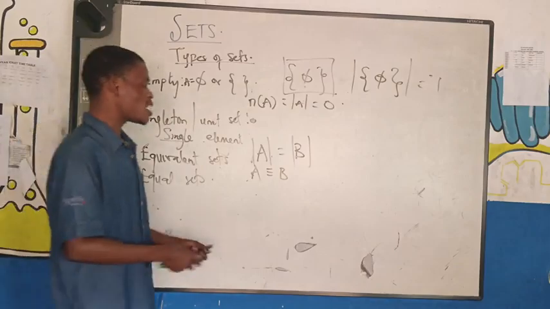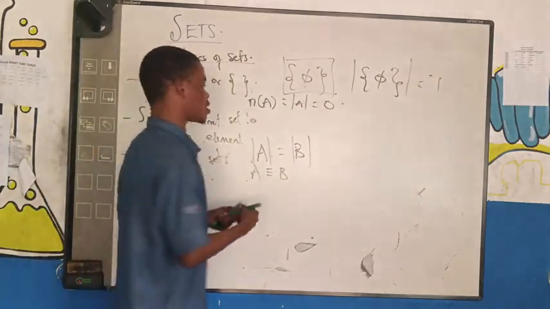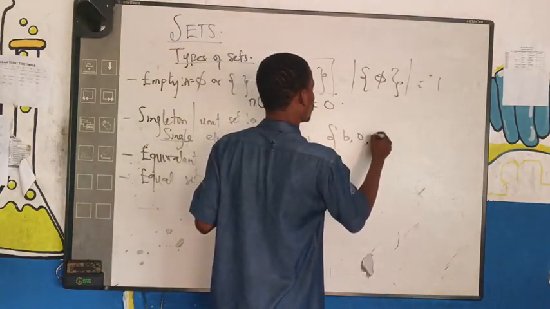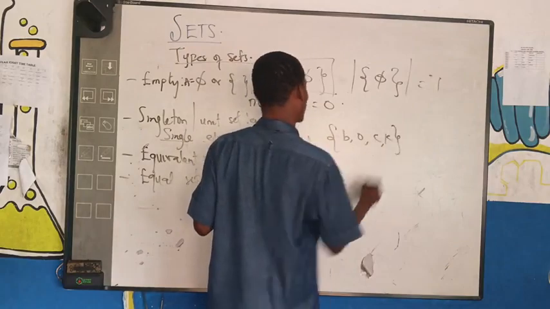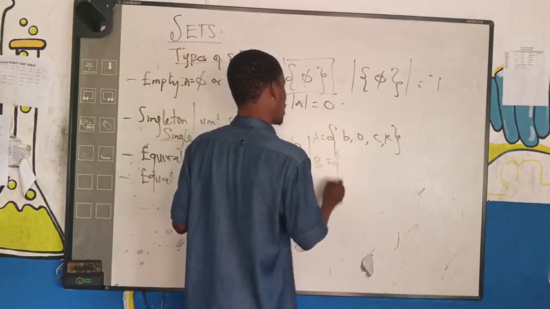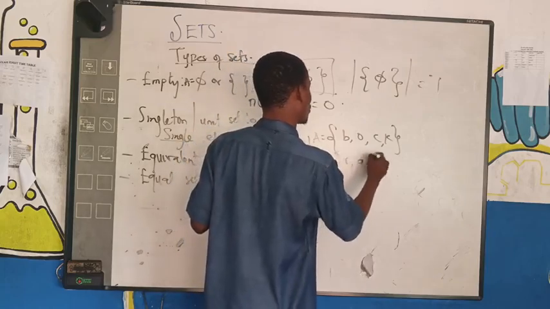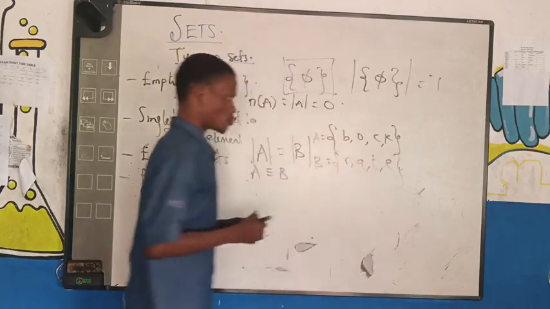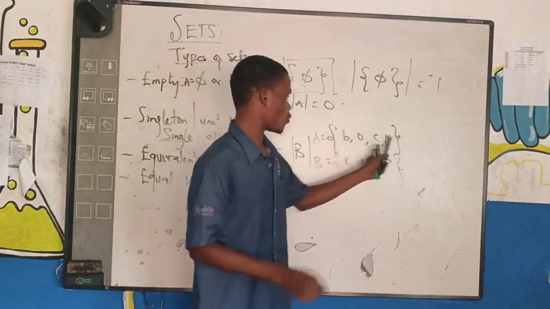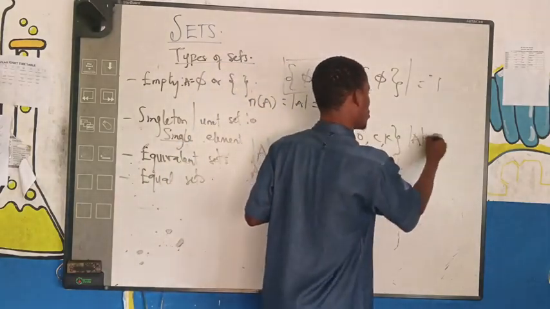So let me give you an example. Let's say set A is B-O-C-K, and set B is R-A-T-E. Now, how many elements do I have there? You are right: 1, 2, 3, 4. So the cardinality of A is 4.